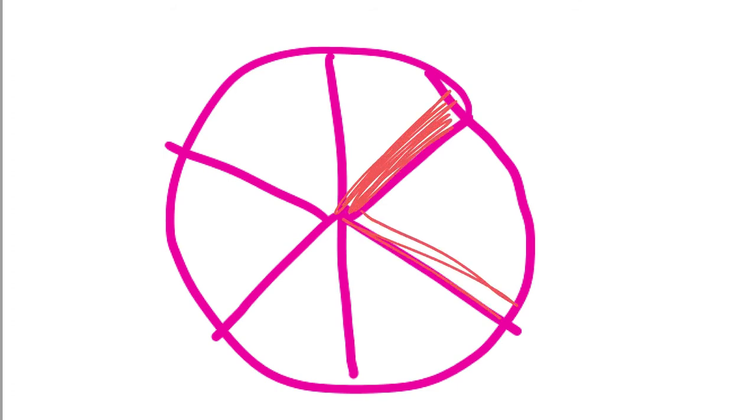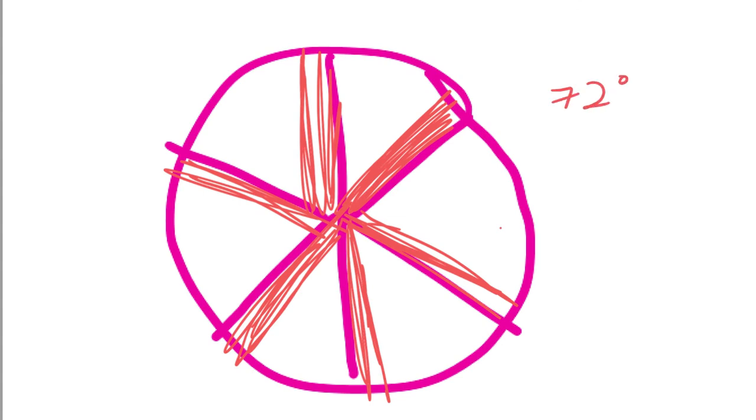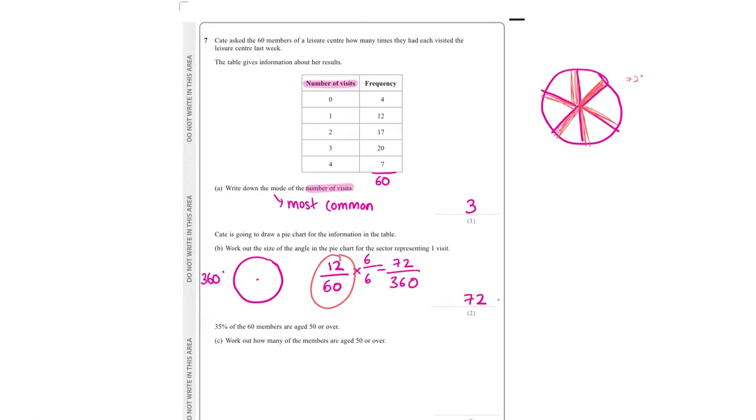How many 12 do I need to shade in? 6. 6 of the 12. 6 times 12 is 72. So the total is 72 degrees. Okay?